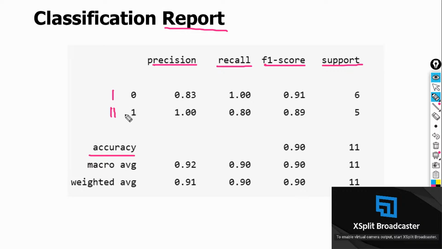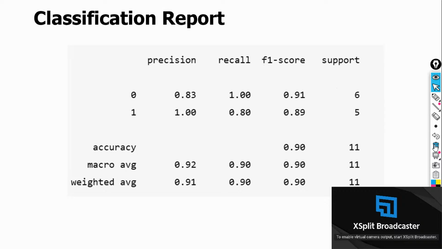Two classes. But what is precision? What is recall? What is F1 score? What is accuracy? That is the question. So let us first understand these metrics, then we'll come back to the classification report.